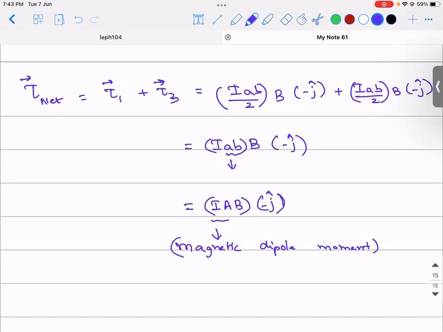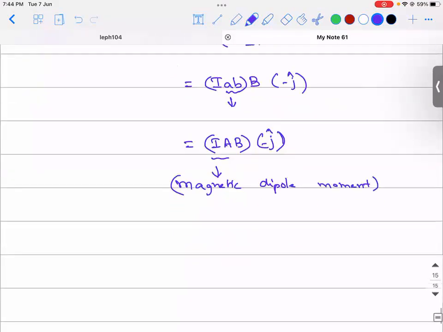So current multiplied with area is called magnetic dipole moment. Okay, so if you want to write the torque in the form of vector, you write torque vector is equal to M vector cross B vector, where M vector is the magnetic dipole moment.